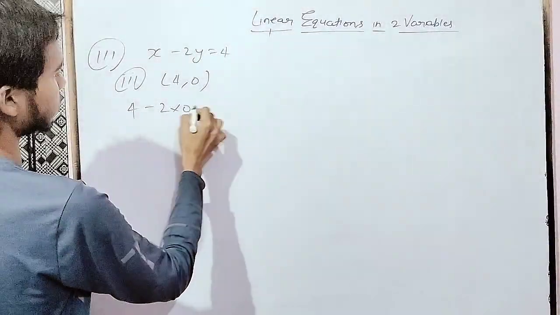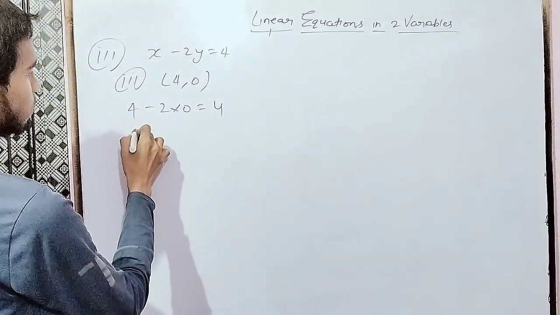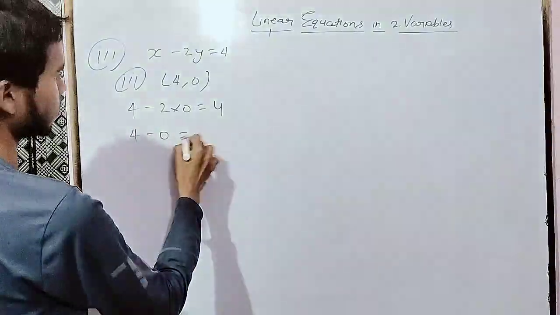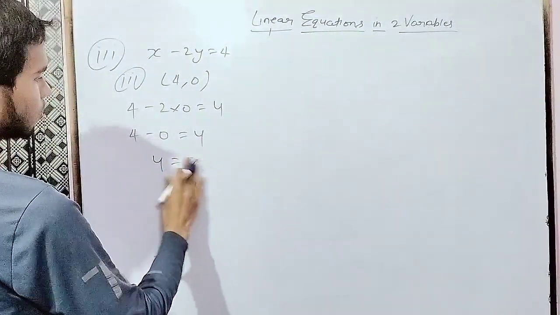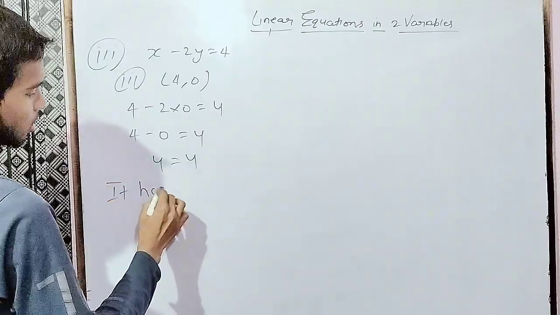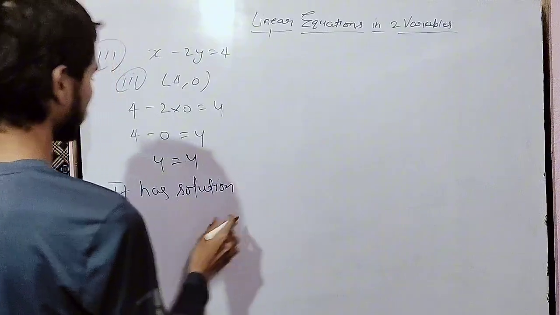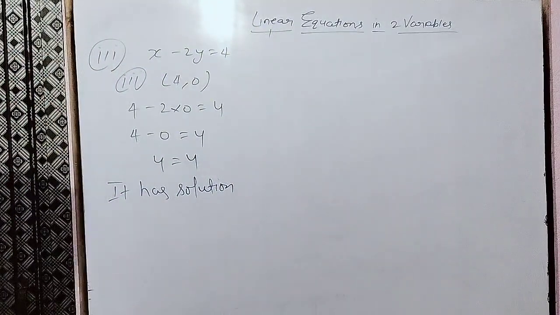So you know what to do. 4 minus 2 multiplied by 0 is 4. Now 4 equals 4, so yes, it has a solution. It has a solution, and it has infinitely many solutions.